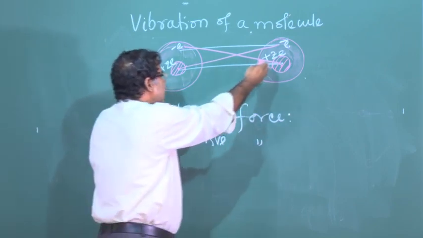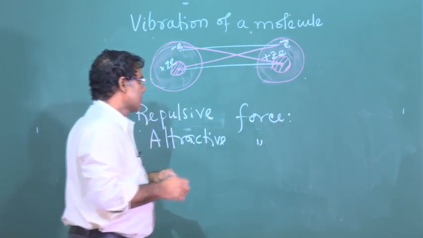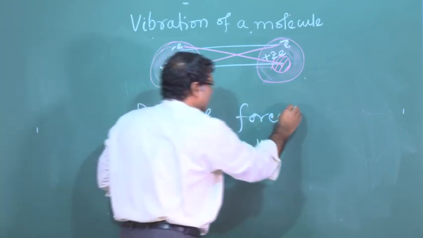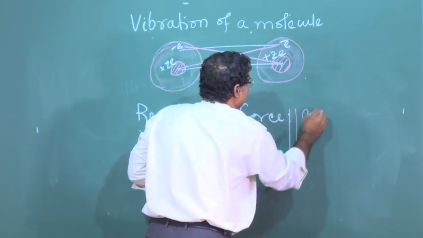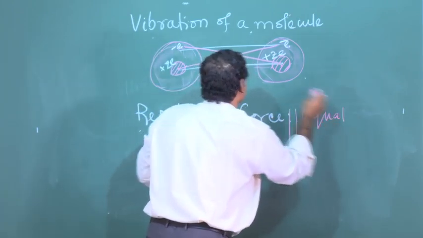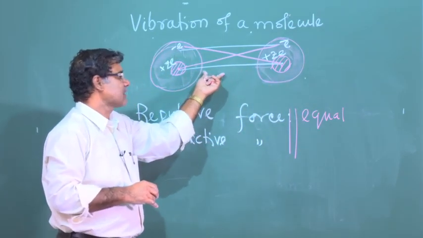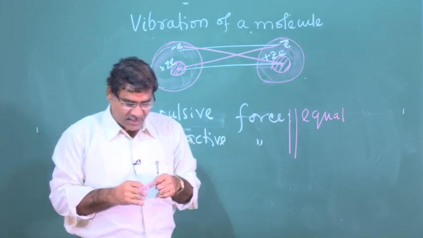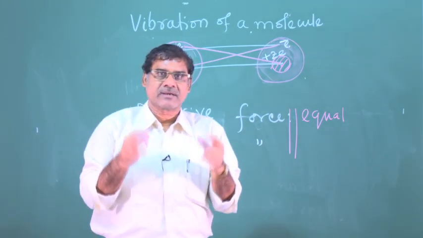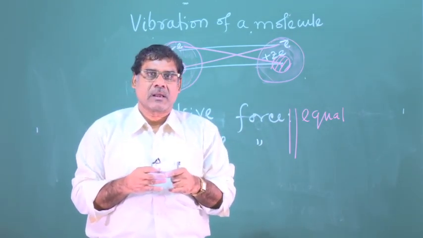Now, when you are bringing them closer, these two forces will be equal at a particular distance. At that distance we say the total energy of this molecule will be minimum.